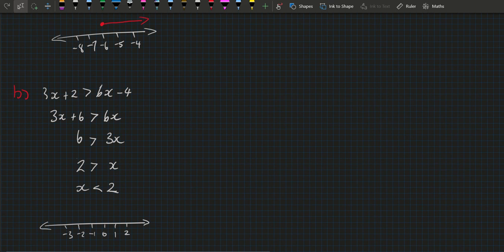I was quite careful to choose this way, so for example, if I had gone the other way, let me do it this way. If I had minus 6x from both sides, I'd end up with minus 3x. And if I add 2 to both sides, I've got minus 3x is greater than minus 2.